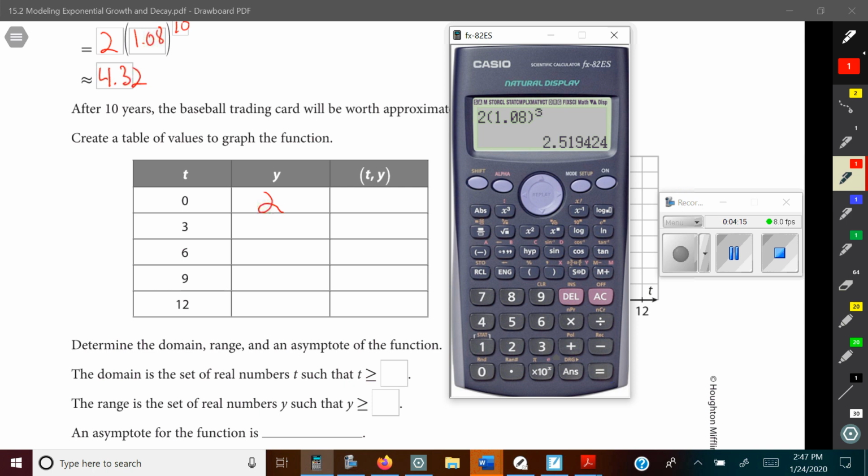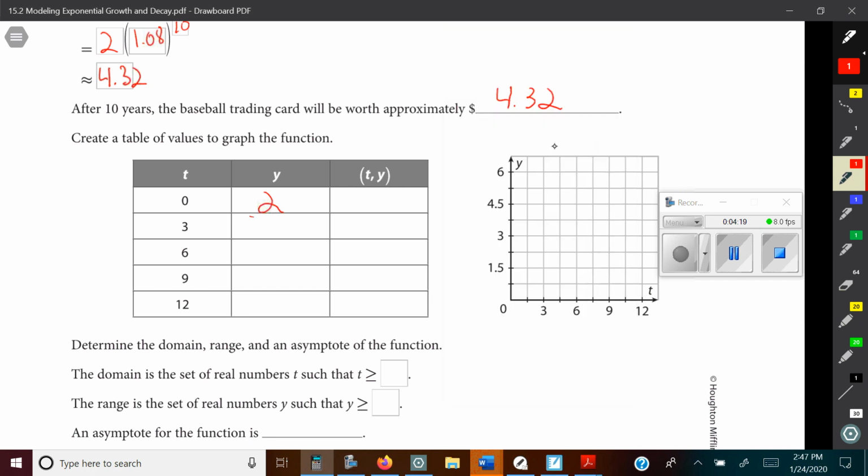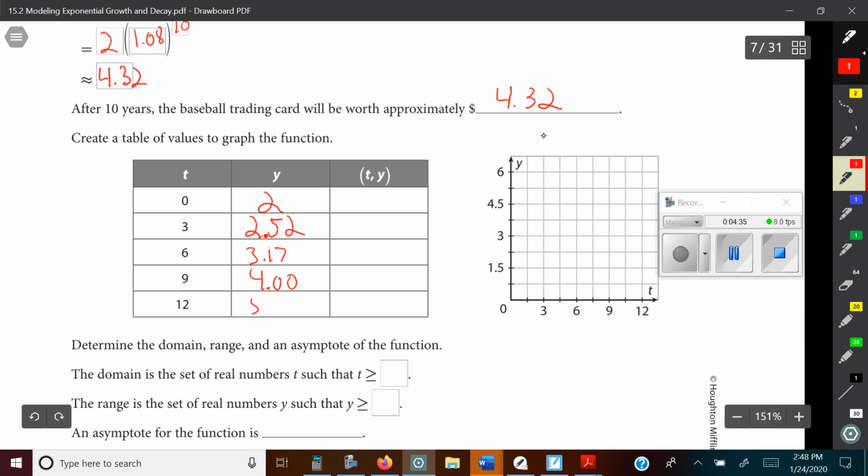I get 2.52 if I round, so 2.52, rounding to the nearest hundredth. If you keep doing that, you'll end up with 3.17, 4, and 5.02. This part's not necessary, but you could tell that these are the points, (0, 2) and so on. So now you're just going to graph those.